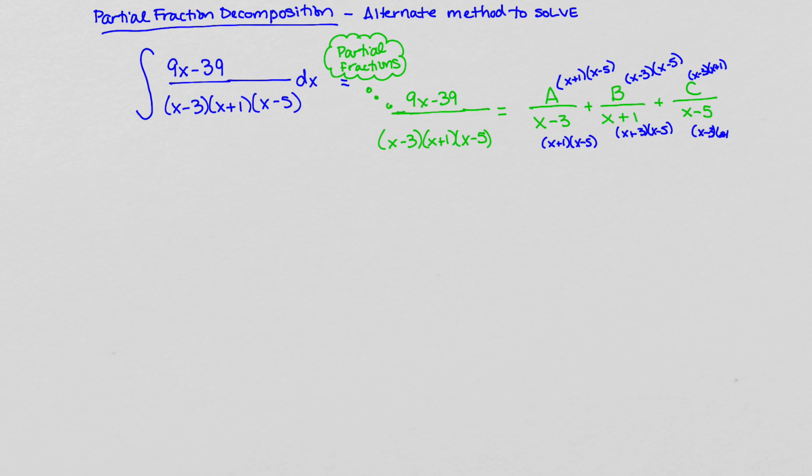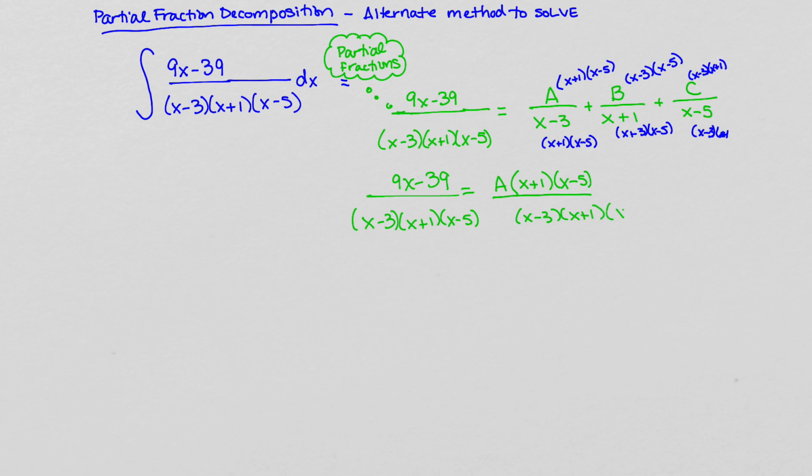which is just, so let me write this down again, 9x minus 39 divided by x minus 3 times x plus 1 times x minus 5. And that's going to equal a times x plus 1 times x minus 5 all over that common denominator, x minus 3 times x plus 1 times x minus 5.